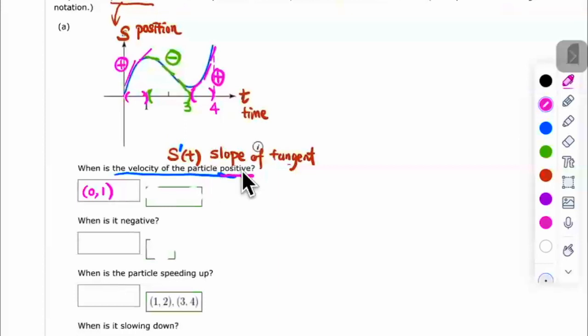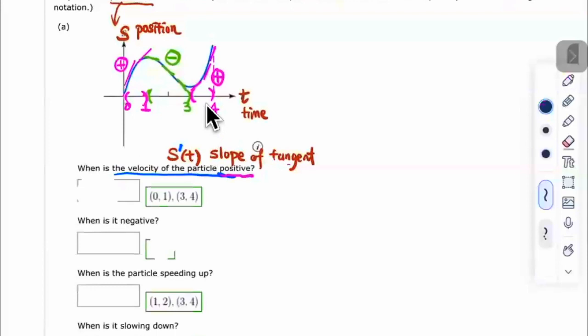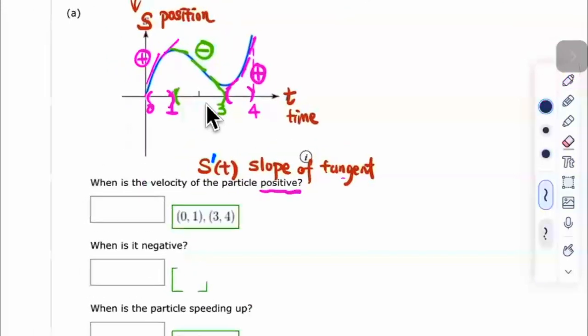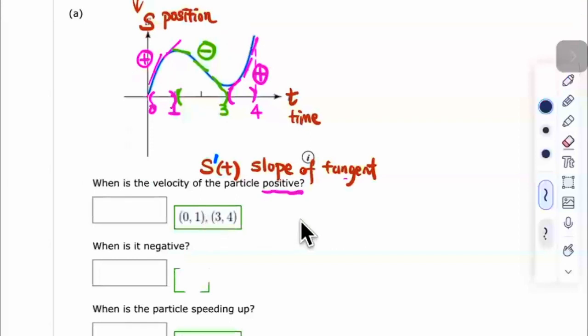It's from 0 to 1, and also from 3 to 4. You can put a union sign in between them, but if you leave that out and just use a comma in between them, that's also okay.